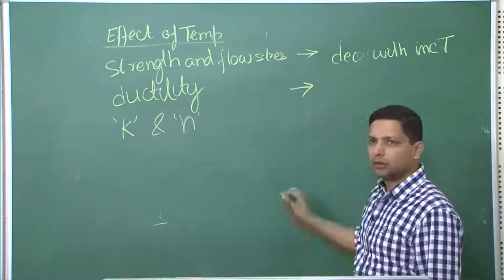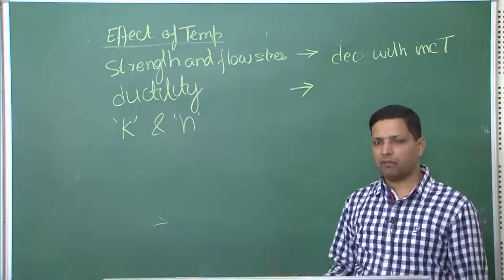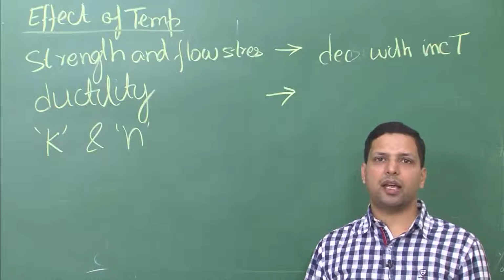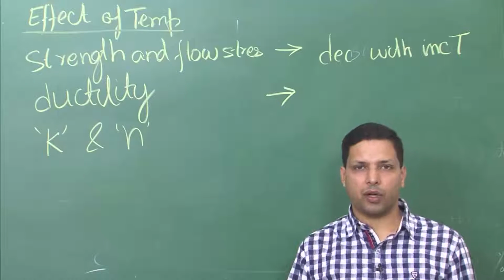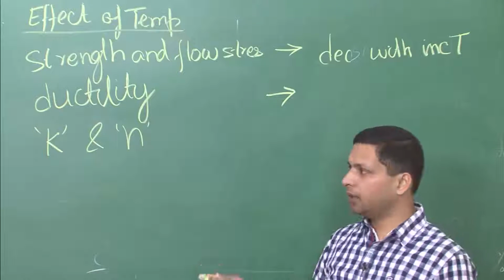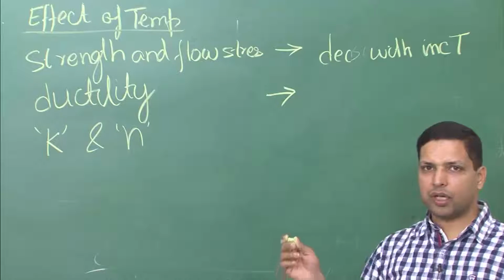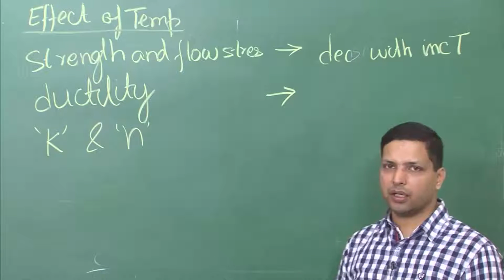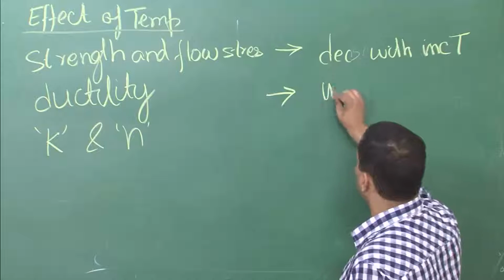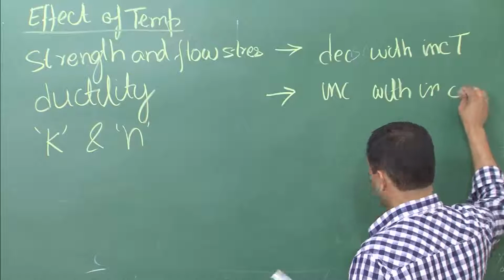Ductility, we have already seen that m increases, but even if m were to remain constant, we know from material properties that the material will be able to deform for a longer region, or the deformation ductility will improve, and there is a microstructural explanation for that. We will come back to that after we are completed with the effect of temperature. So, ductility increases with increasing temperature.